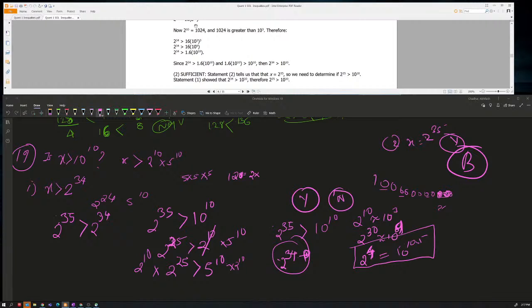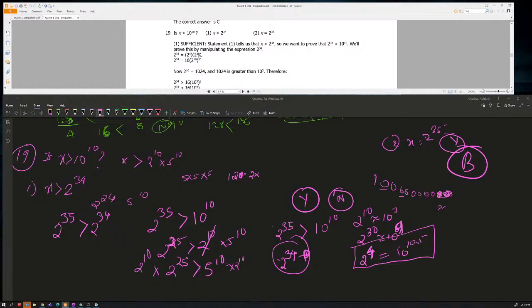Now 2 power 10 is equal to 1024. 1024 is greater than 10 power 3. Therefore, they have taken 2 power 34 is greater than 1.6 into 10 power 10. So the first one also is sufficient, that is a problem.